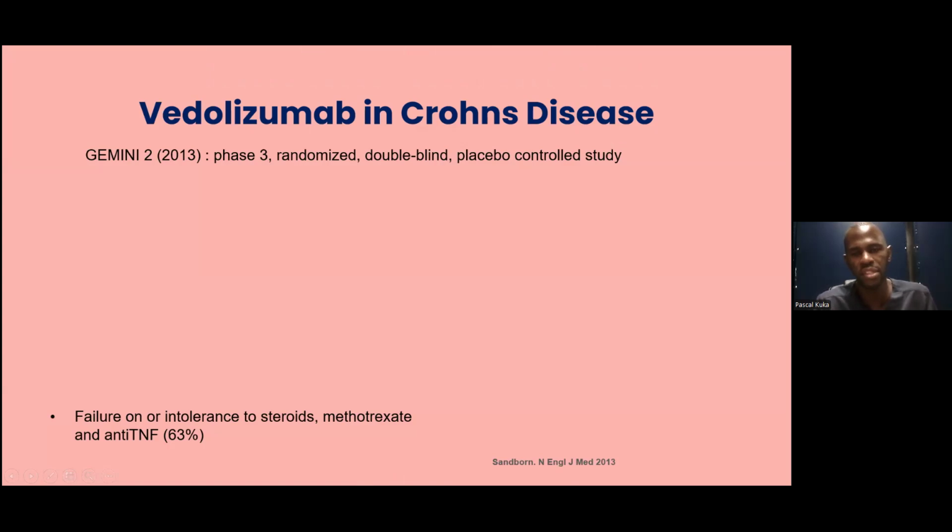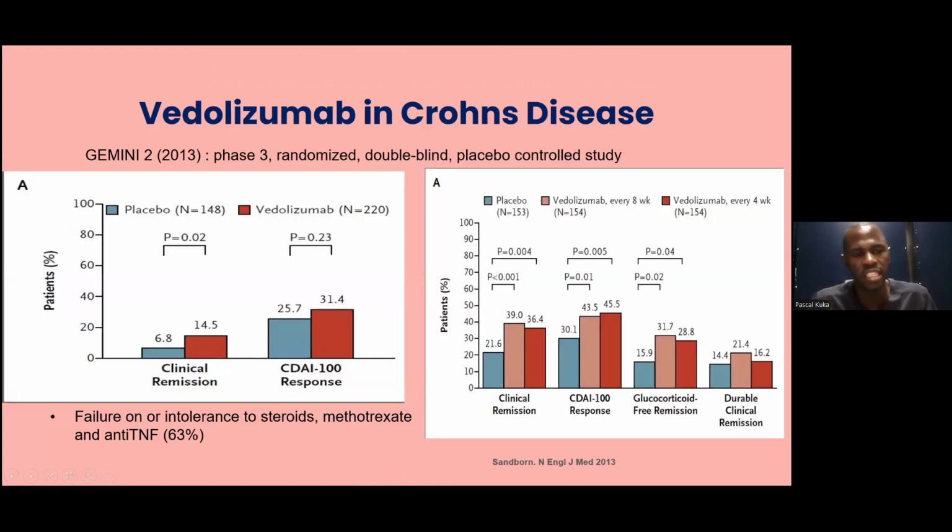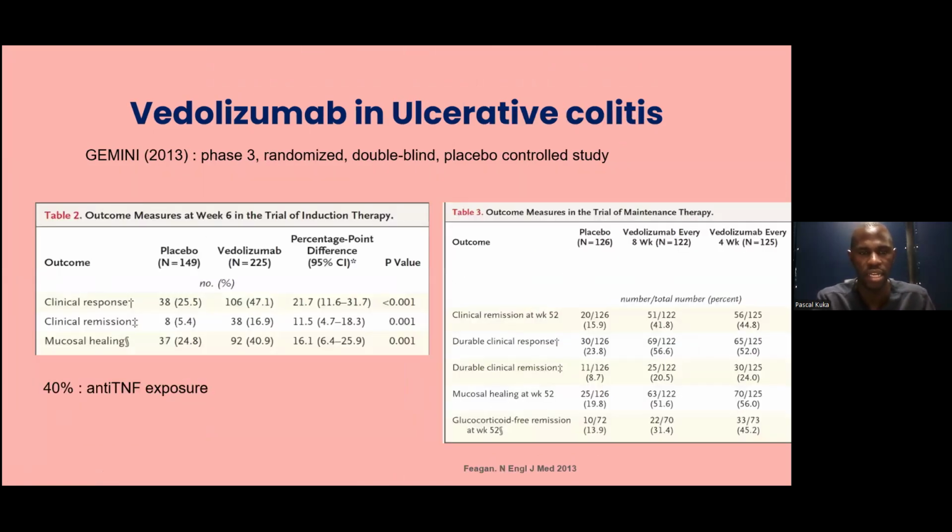So what evidence do we have to use vedolizumab, especially in Crohn's? The GEMINI 2 trial in 2013 is what established the use in Crohn's. In terms of the induction, there was a 31% clinical response. But after 52 weeks, there was significance in terms of clinical remission as compared to placebo, more so with the 8 weekly doses, which is what has been utilized.